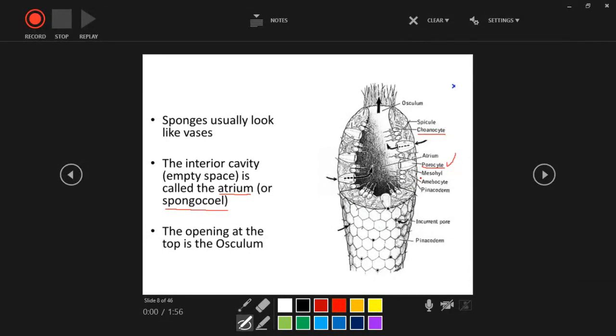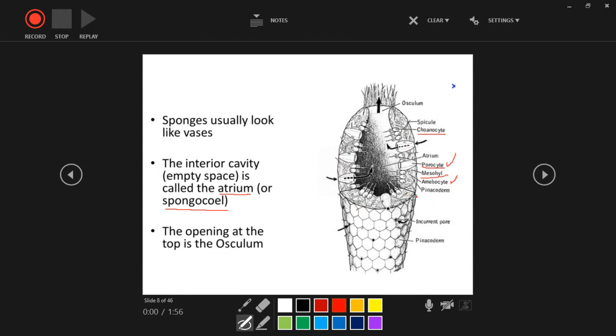So this is diploblastic now, mesohyl. This is not mesoderm. Mesohyl is a gel-like matrix that allows the other cells, such as amoebocytes, which are totipotent, to move around throughout the structure of the sponge. Now, what is the exterior of this sponge?